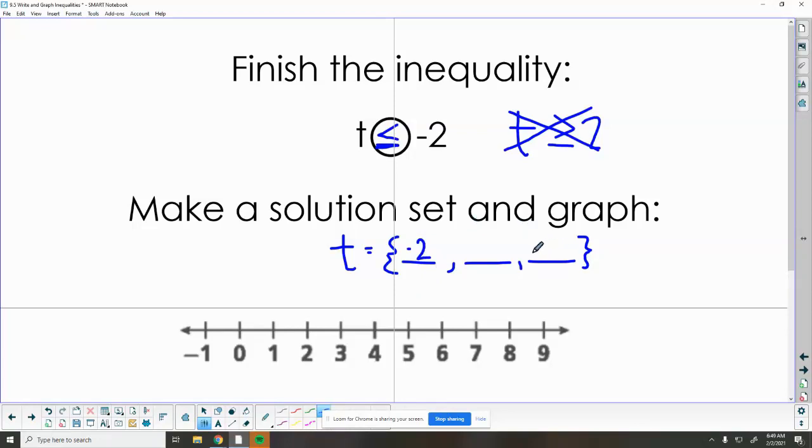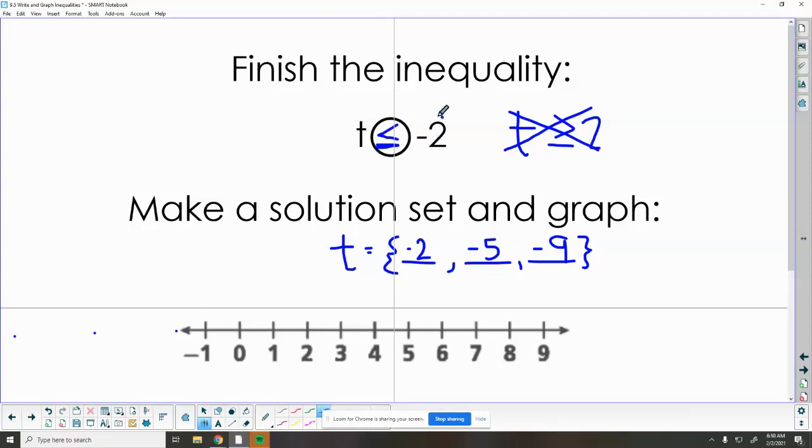I'm going to choose -5 and -9. This is not a very good graph for this, but that's okay. Here's -2, here's -5, here's -9.